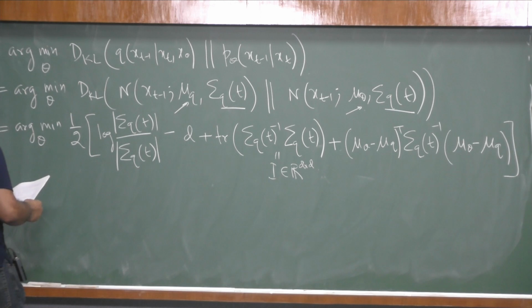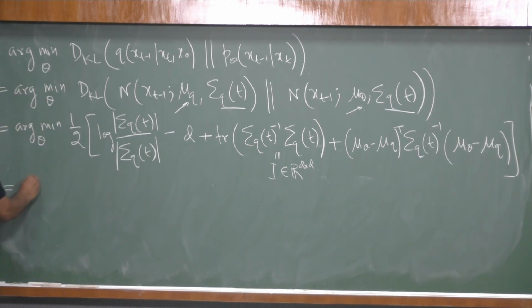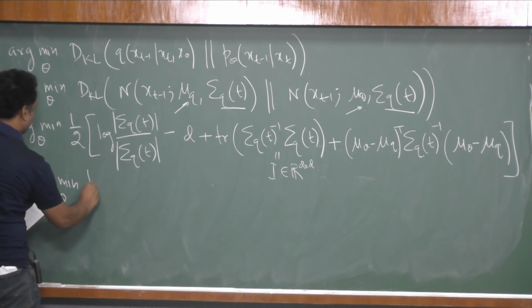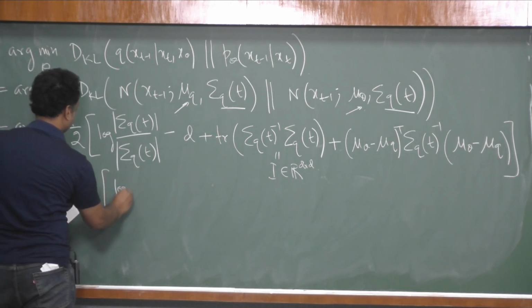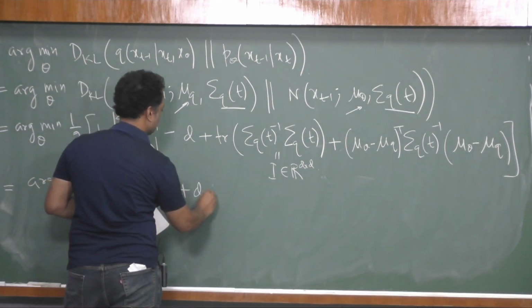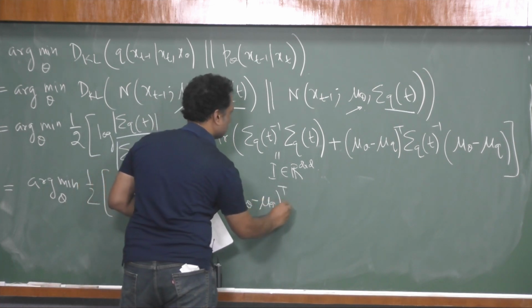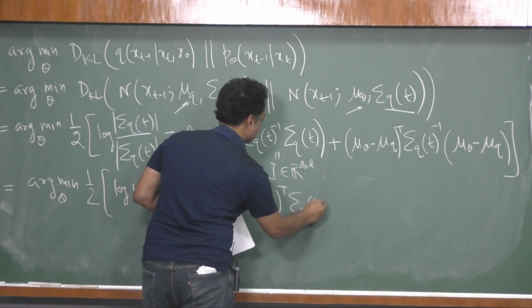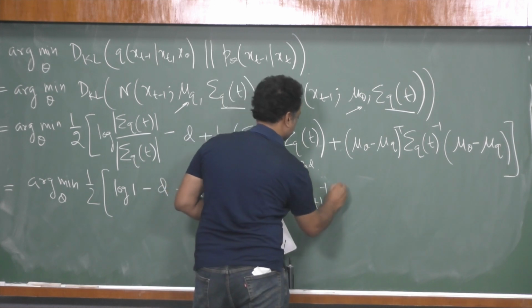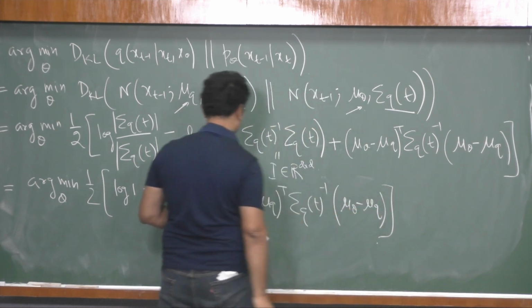So I can write this additional step, and we have half and then log of 1 minus d, as I said this is plus d, and plus mu theta minus mu q transpose sigma qt inverse and mu theta minus mu q.